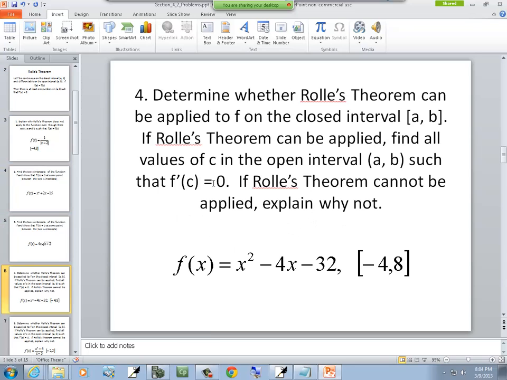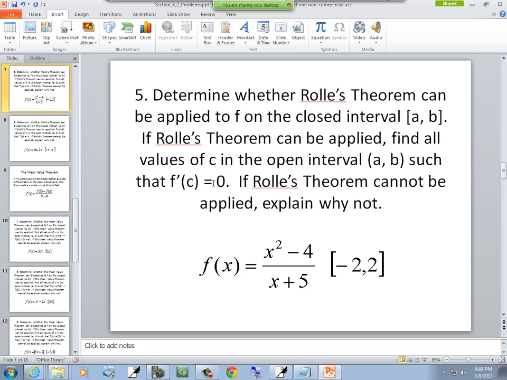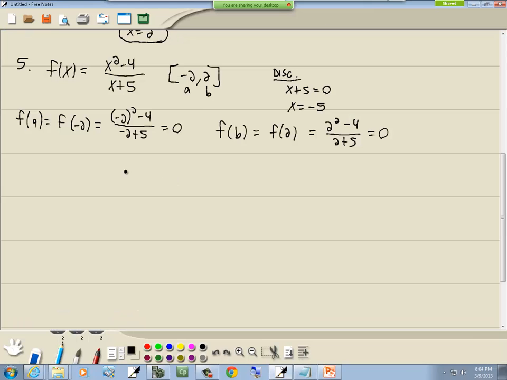Back down to our problem. So we need to find our first derivative. Remember our two steps. So we got f of x is equal to x squared minus 4 over x plus 5. And this will be p and this will be q. P prime, the derivative of x squared minus 4 is 2x.